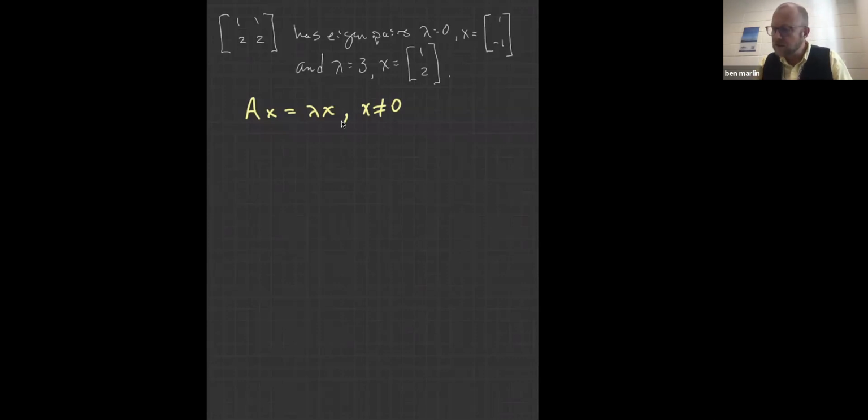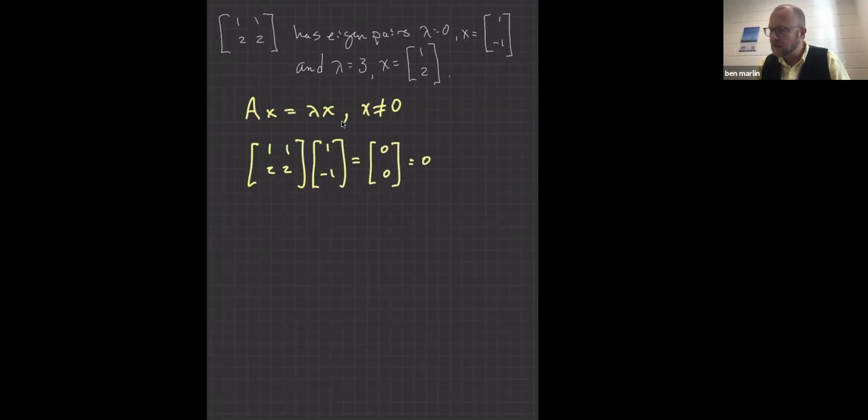So here, for instance, we're going to take the matrix 1, 1, 2, 2, and we're going to multiply it by the vector 1, negative 1. So when you dot that column vector with that row there, you can see they're perpendicular, so we get a 0. Same thing happens with the other row.